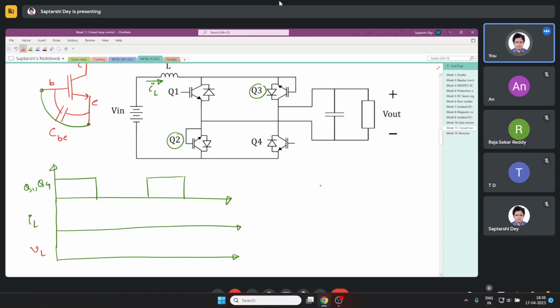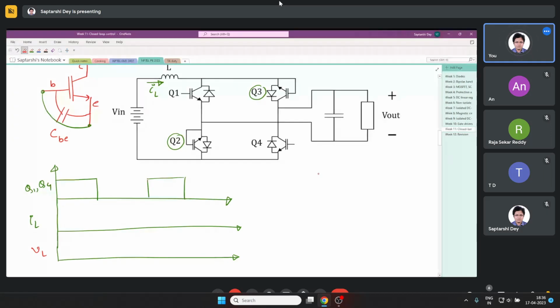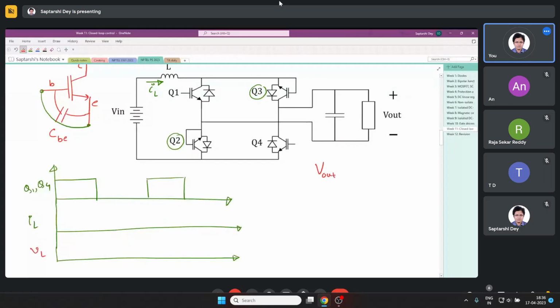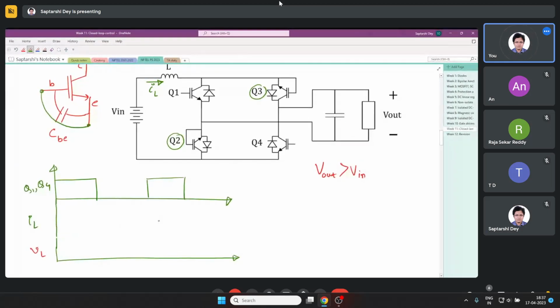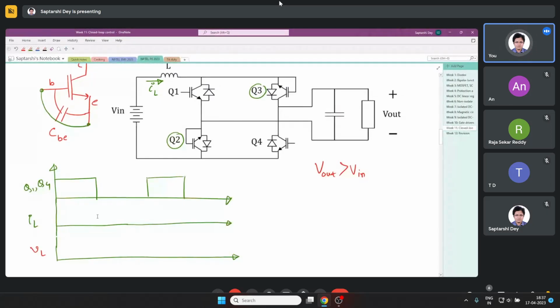So we will start solving this problem assuming that V out is greater than V in. If we face a problem in between, or if we understand that the assumption is wrong, then we will do the other way around. But as far as it looks, V out is going to be larger than V in. Why this assumption is important, we will see.